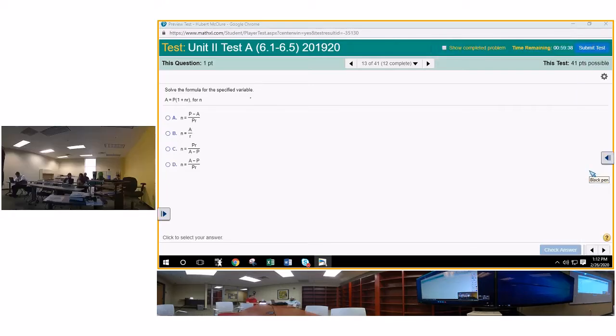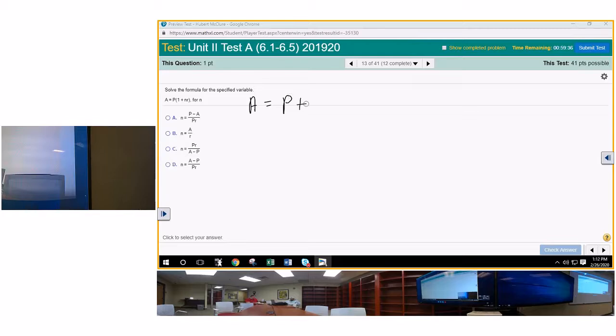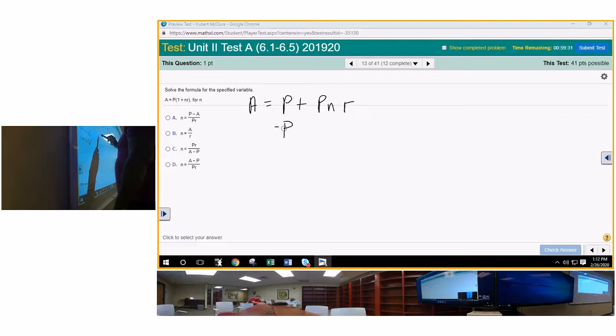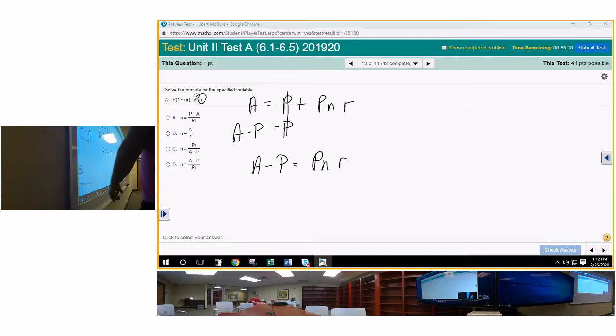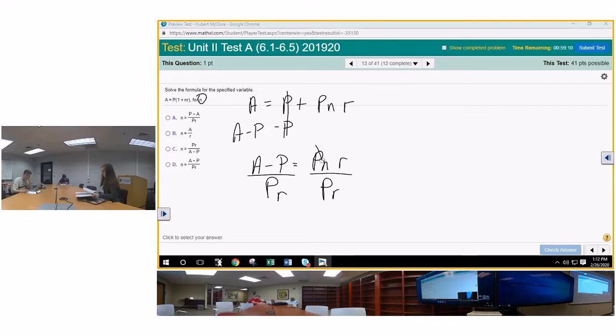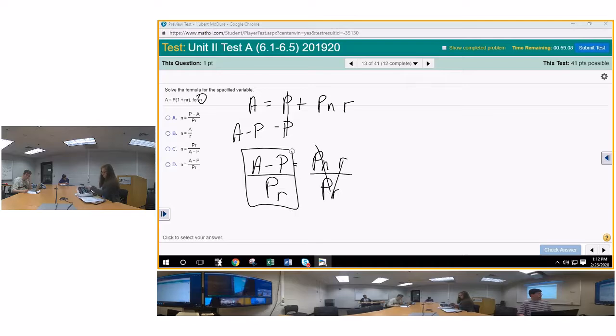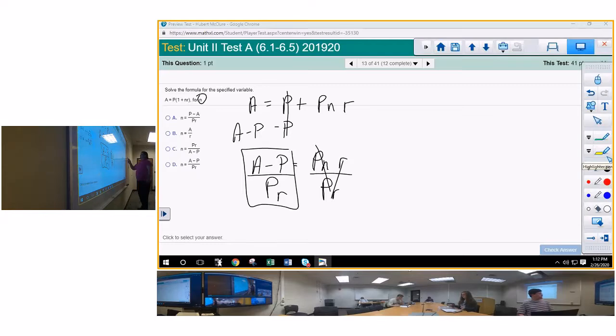So A is equal to P plus P in R. Minus P, A minus capital P is equal to P in R. We're solving for what? How do we get rid of multiplying by PR? Divide by PR. A minus P over PR, which one is that? E. Is it delta?